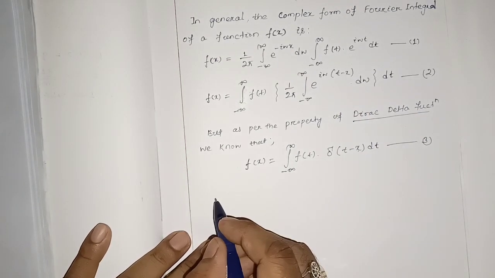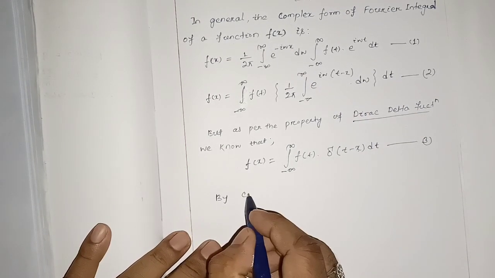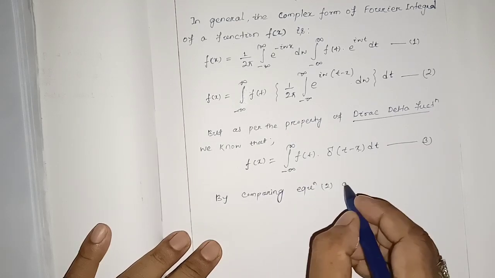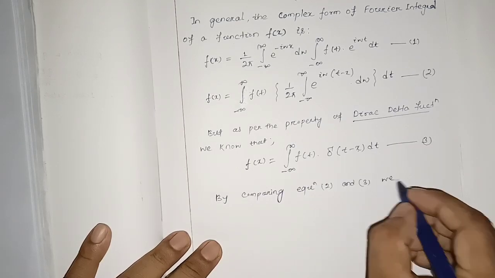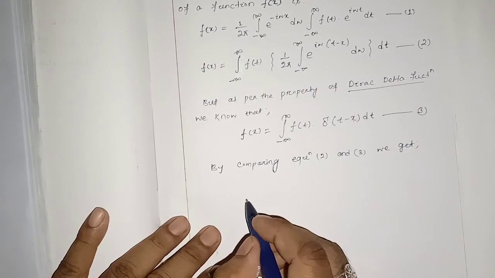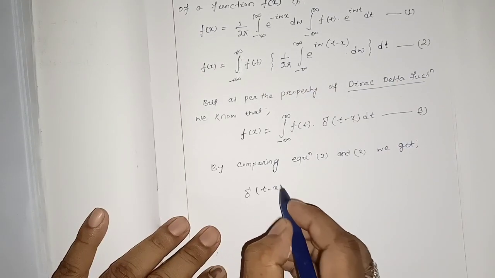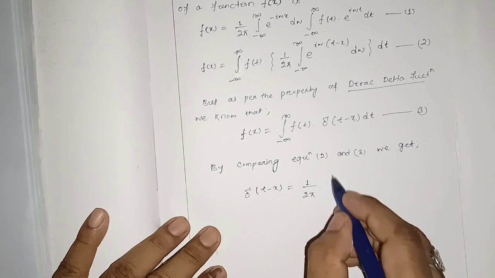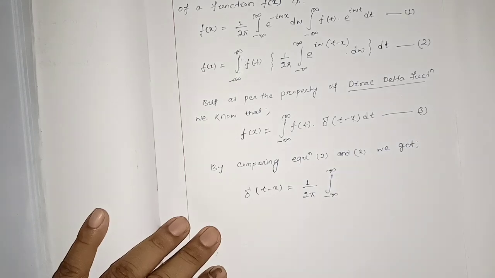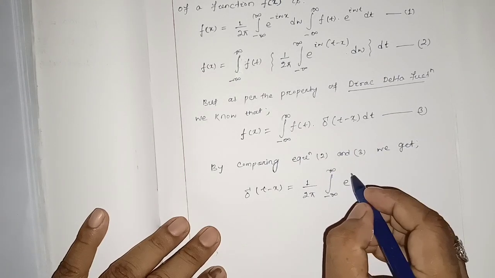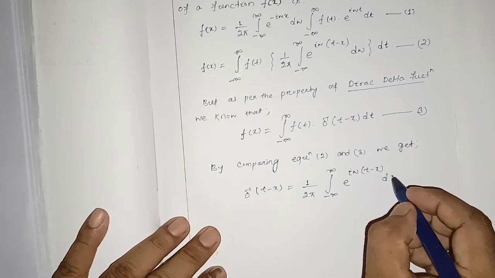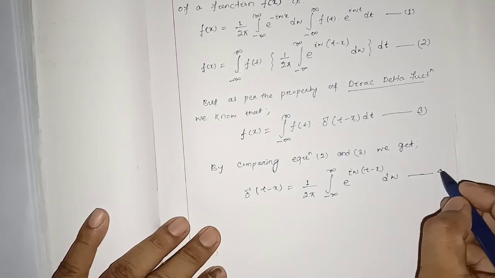So by comparing equation 2 and 3, we get delta(t minus x) equal to 1 by 2 pi integral from minus infinity to plus infinity of e to the power i omega (t minus x) d omega. This is your equation number 4.